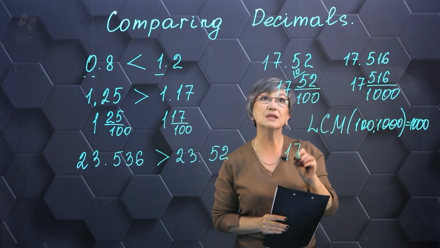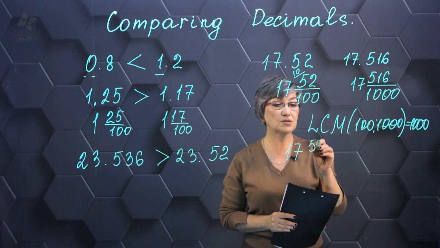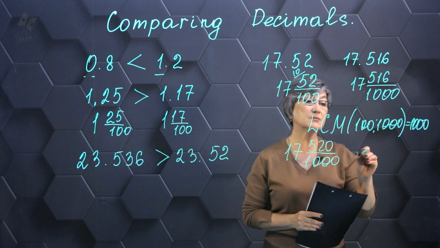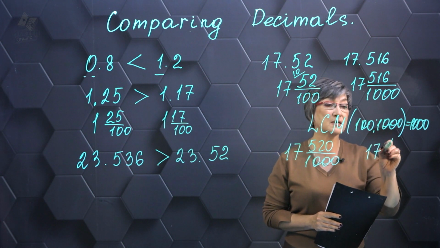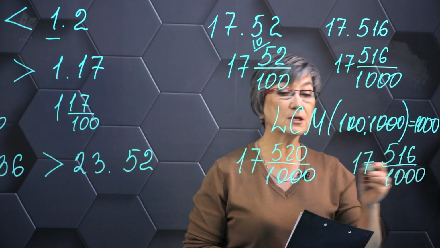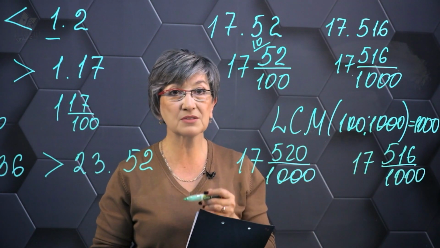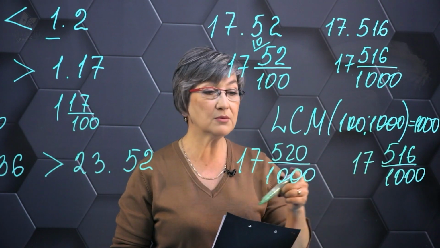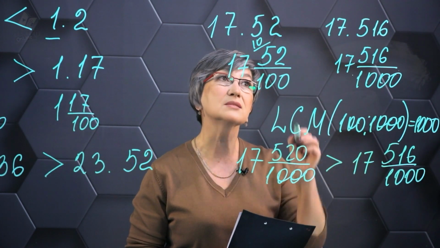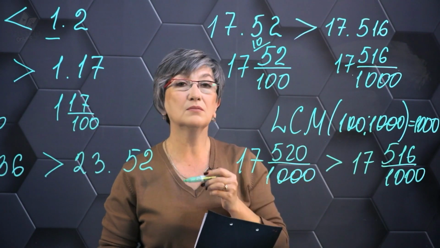The result is 17 integers, 520 thousandths, and in this case, 17.516 thousandths. Well, now I can easily compare these mixed numbers because I have equal denominators. 520 is more than 516. That's why I put the sign greater.